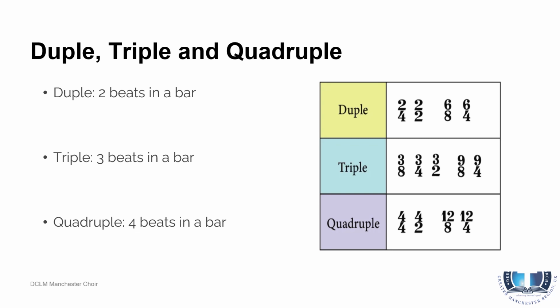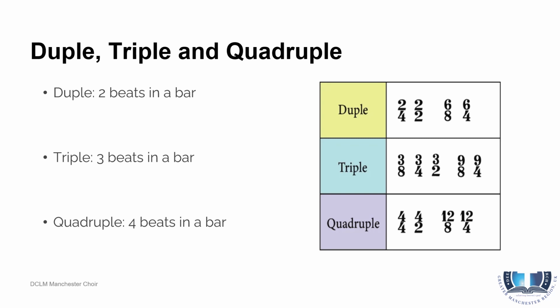For duple time, it's 2. 2 for simple duple. Multiply 2 by 3, you get 6. So it will be 6 at the top for compound duple. For triple time, 3. For simple triple, it is 3 at the top. If you multiply 3 by 3, it gives you 9.